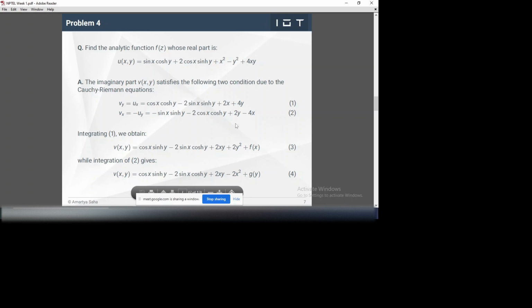Similarly, we will now integrate equation 2 with respect to x, because v_x is this thing. Again, now we will be treating y as a constant, but the function of x will be integrated as if it's a real single variable thing.